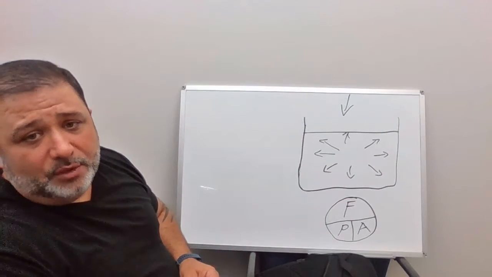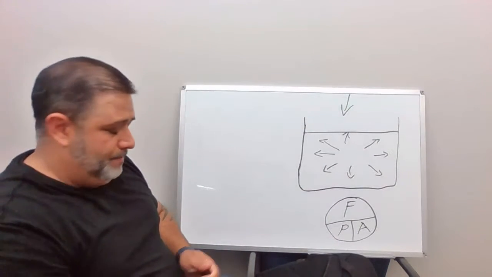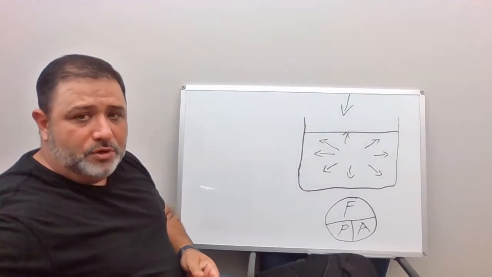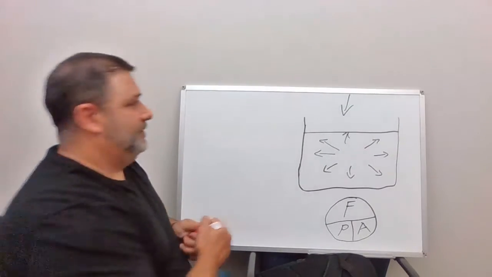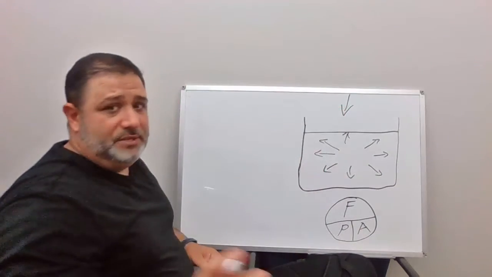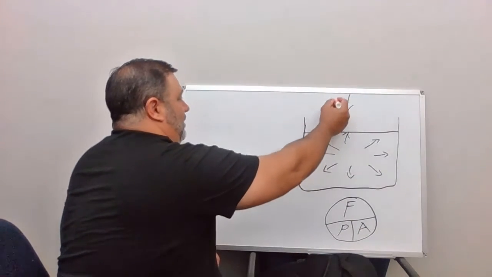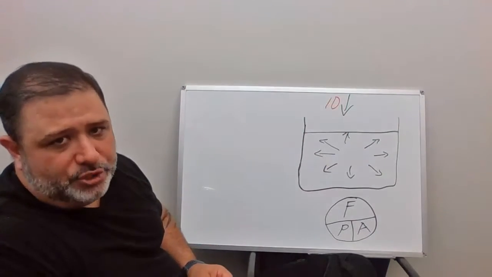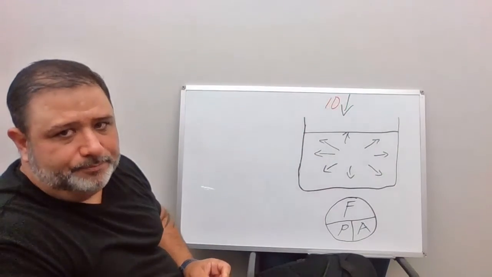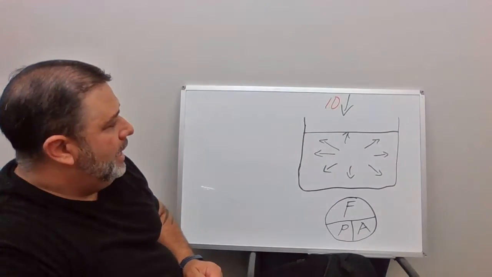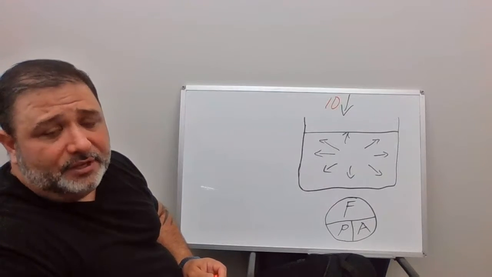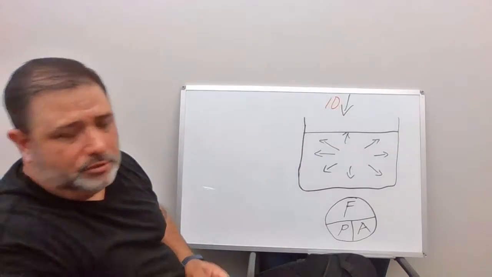So let's say we know our force. Okay. Now, if we know our force, we're going to say it's 5. Or no, let's say it's 10. We have 10 pounds of pressure pushing down on this fluid. And we have 100 pounds of pressure.